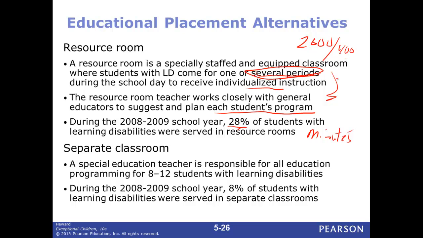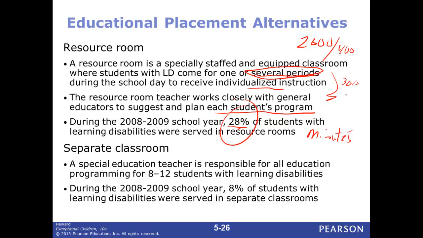So if you were 300 divided by 60 minutes an hour, that would be 5 hours. That would be an hour a day. You could be in here 1 hour a day in the resource room and still be considered regular classroom. So that's why I think this number is a little misleading, but that's what they will use here.